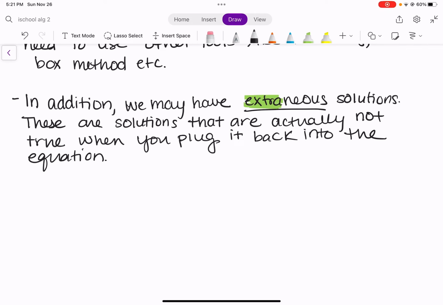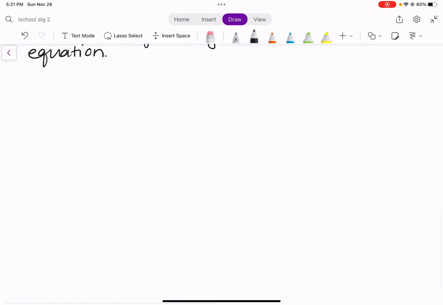Okay, so what I want you to do in your notes is draw a line, like a dotted line like this. Split your paper up like this because we're going to do some work on the left side and some work on the right side. Okay, and let's say the question that we have is square root of x plus 1 equals x minus 5.